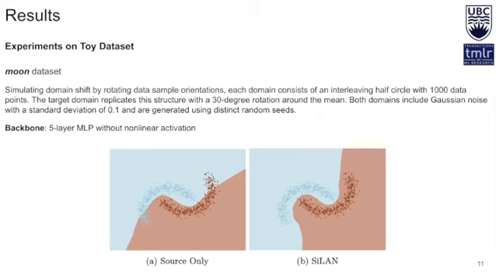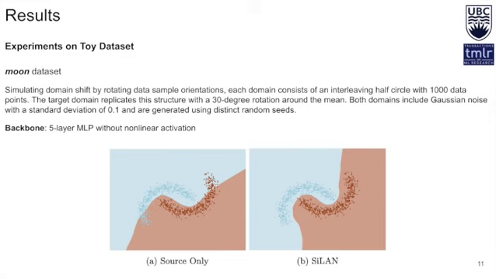Next, we will talk about our empirical validations of our method. We first validate our method on a toy dataset called the Moon dataset. This dataset simulates domain shift by rotating the data samples' orientation, and each domain consists of an interleaving half circle with 1,000 data points. The target domain replicates the structure with a 30-degree rotation around the mean of the source domain.